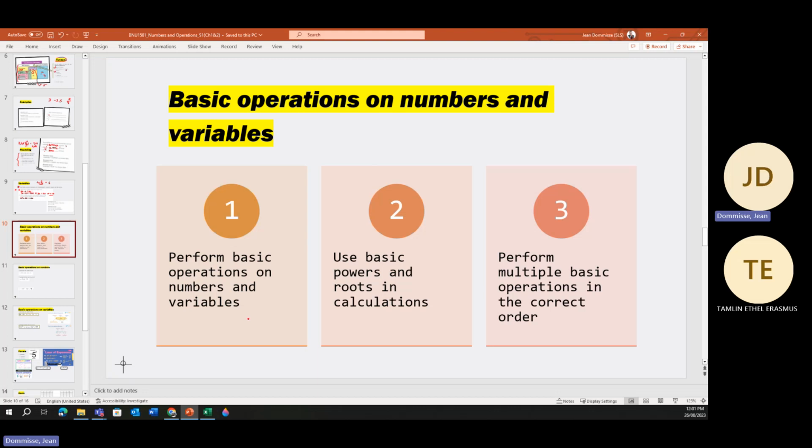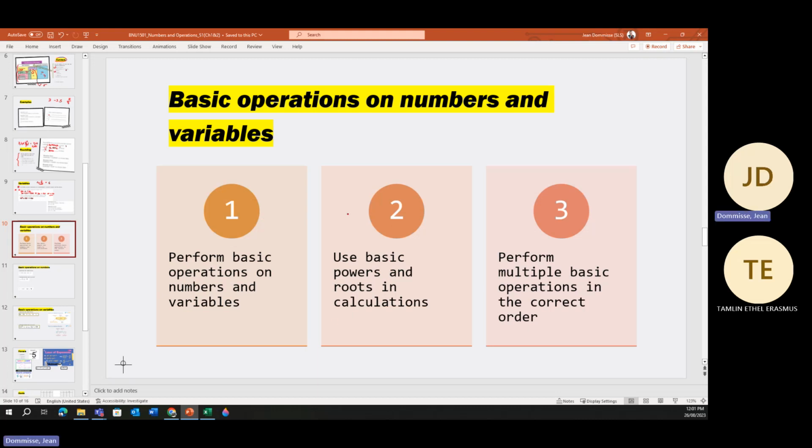Firstly, how to perform basic operations on numbers and variables, so basically what we did in the previous slide. So if we need to solve for x or solve for something, that is what we will focus on.